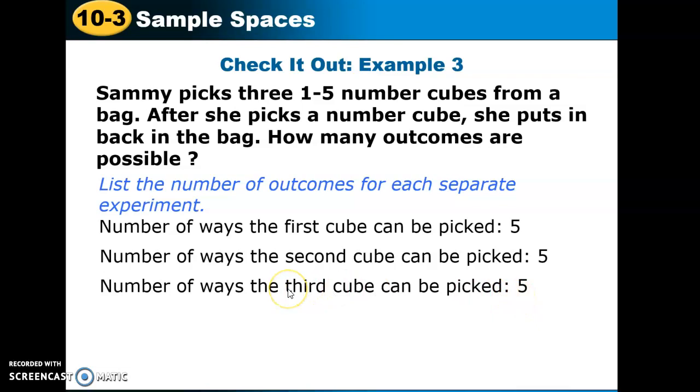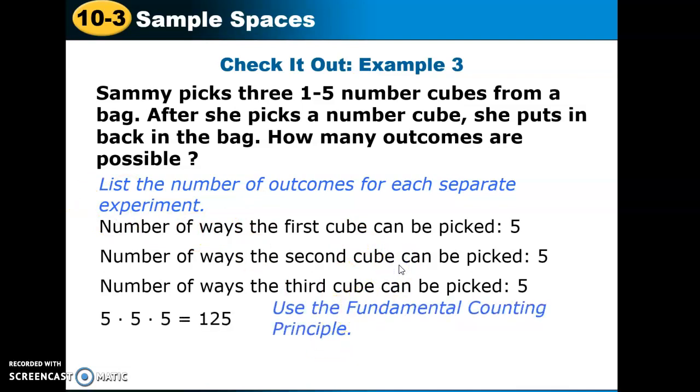You're probably saying, shouldn't there be 6? Well, maybe one of them is blank. I've played games before where you roll the dice and they have blank sides, so maybe that's what they're looking at. Now, to use the counting principle, 5 times 5 times 5, or 5 cubed, and we get 125. So she has 125 different outcomes if she uses these 3 number cubes.